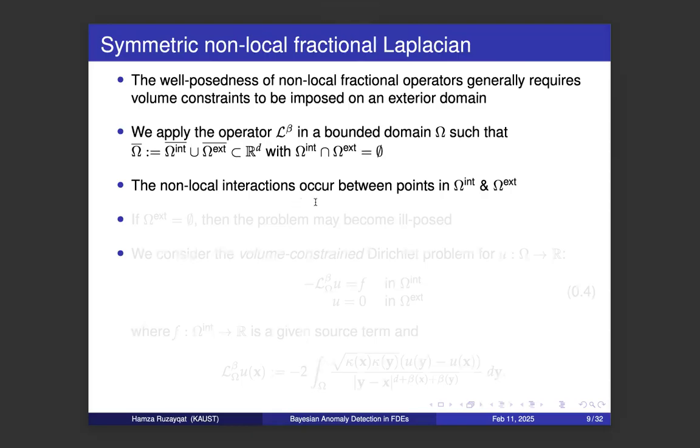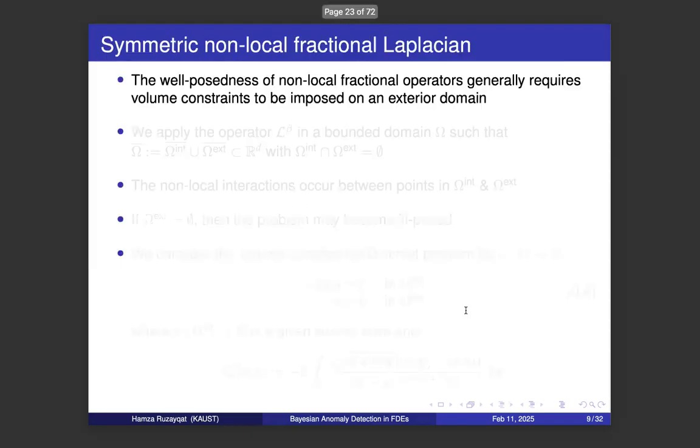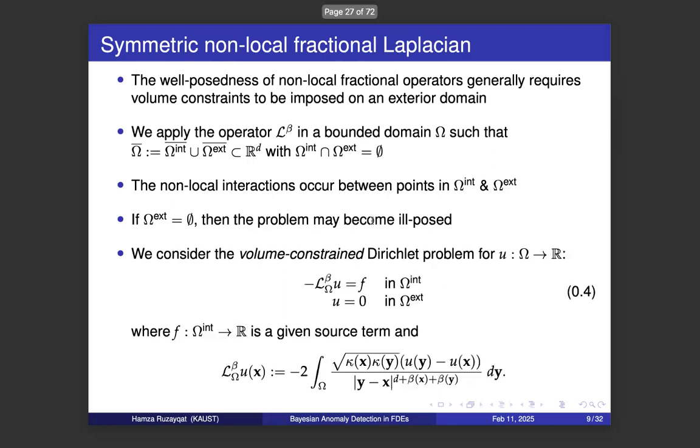But the non-local interactions occur between points in omega internal and omega external through this difference here. Now, if we set omega external to be the empty set, then the problem might become ill-posed. So we need this omega external.